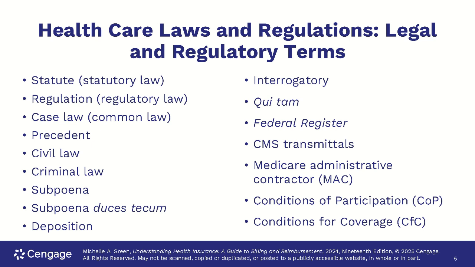So in our electronic book, when you get to the section in this chapter on healthcare laws and regulations, you're going to see a whole bunch of terms such as statutes or statutory law. And I don't know if you figured this out by now, but if you click on the term in the electronic book that has, I guess you would call it a hyperlink, and it's underlined, you can learn the definition of these terms as you're reading the chapter.